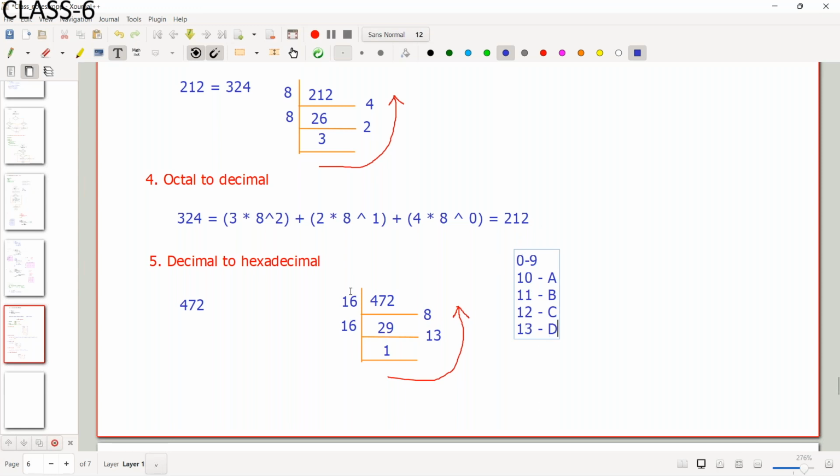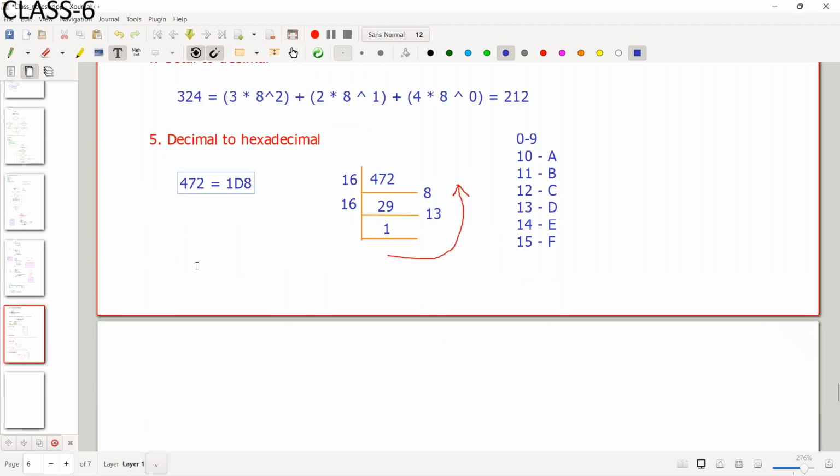Totally this has the base of 16, so 0 to 15, that's what we are considering. 14 is E and 15 is F. So that is nothing but 1D8.